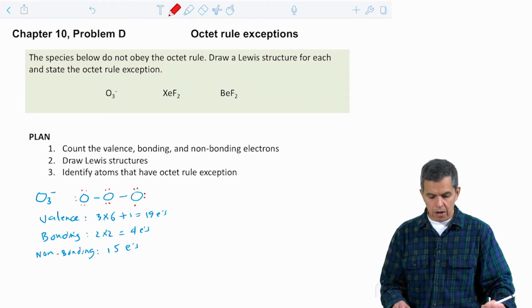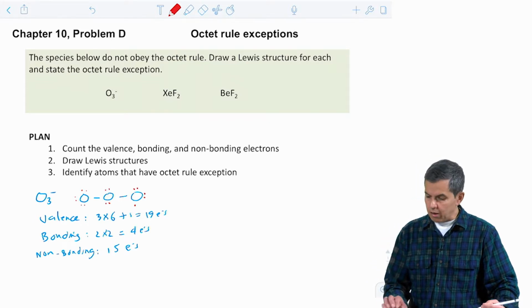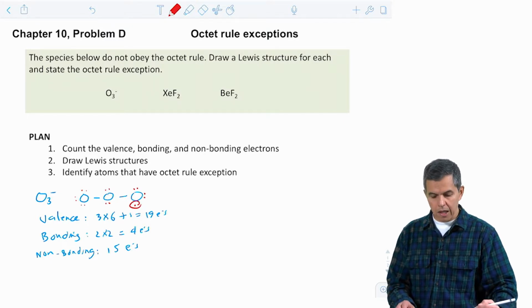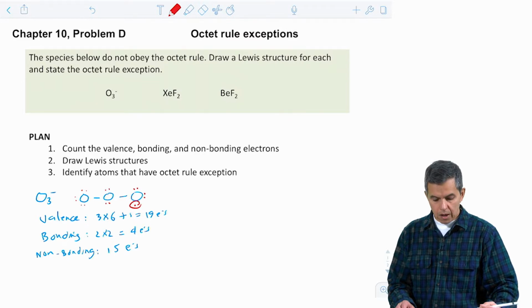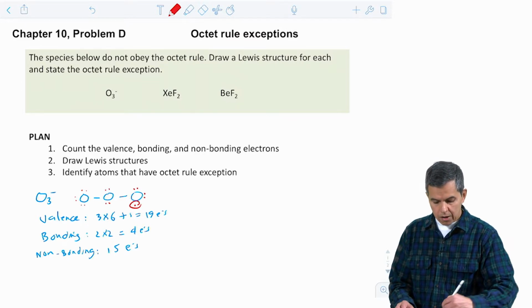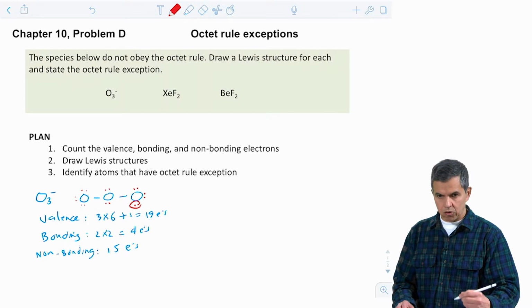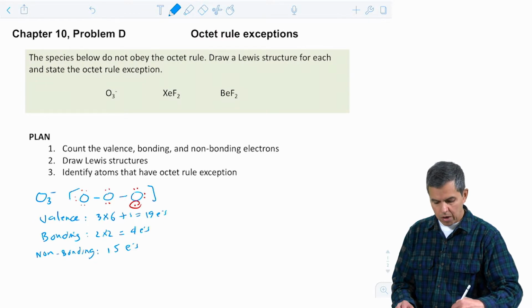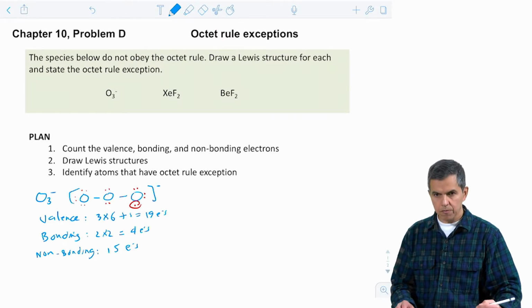The exception here is a radical because we have a single electron not meeting the octet rule. It's important to mention that because this structure has a negative charge, we need to place the entire structure in brackets indicating the negative charge.